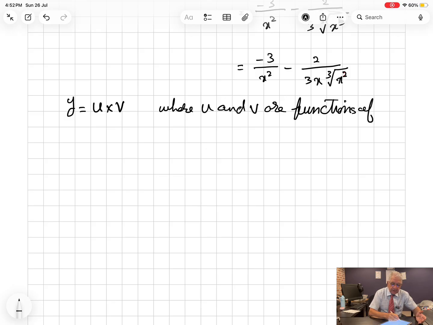That means, for example, this is x squared, this is, I don't know, something square root of x or whatever is that. You can differentiate it like that.